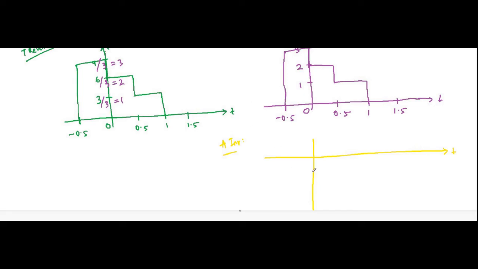Here it will be -1, -2, -3, with time points -0.5, 0, 0.5, 1, 1.5.